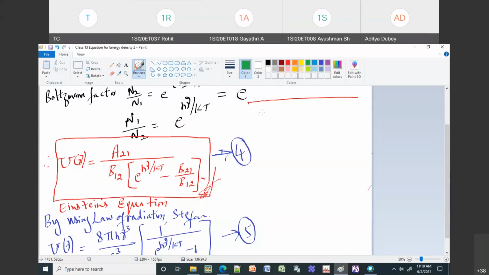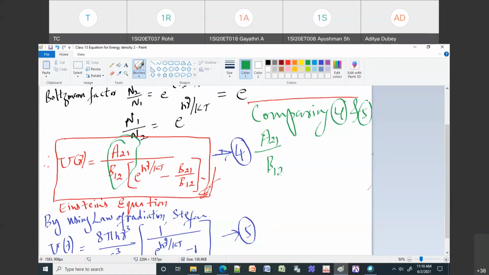Comparing 4 and 5, if you take this A21 by B12, this entire term is outside, so I can write A21 by B12 equals 8 pi h nu cube by c cube.